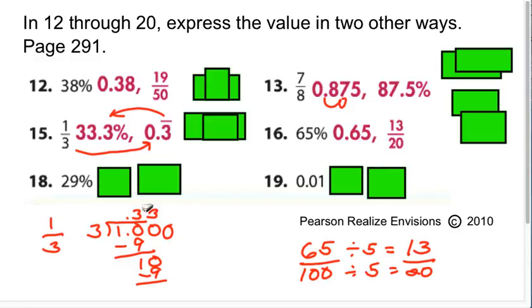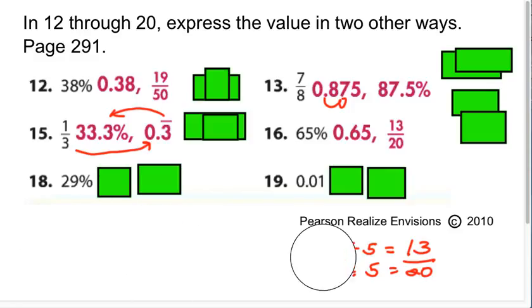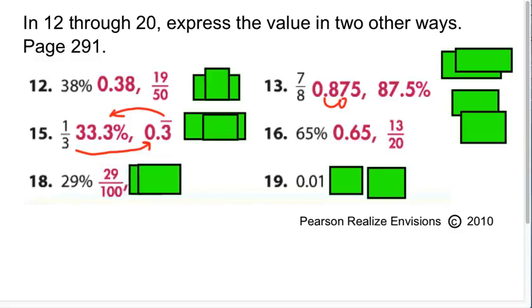All right, let's take a look at our last two problems and see how we did. And we have 29%, and we want to write it as a fraction, which would be 29 over 100. And as a decimal, it would be 29 hundredths. All right. Now, this was kind of easy because 29 hundredths is simplified.